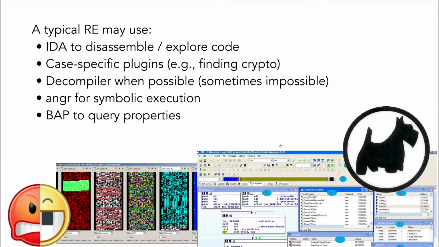A typical reverse engineering task will look like this: first, you disassemble the binary and load it into some tools like IDA-Pro or Binary Ninja or Ghidra, so you can explore the code in the GUI interface, and maybe you want to see the control flow graph of this binary.